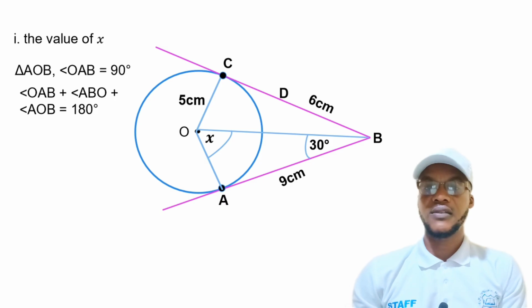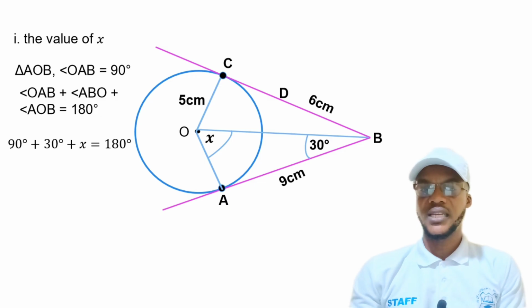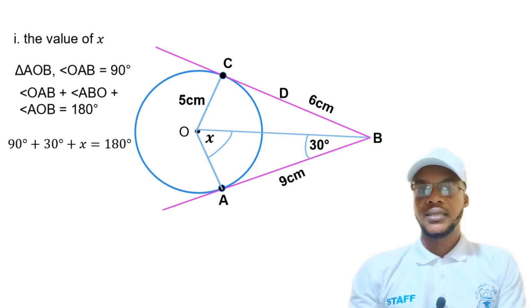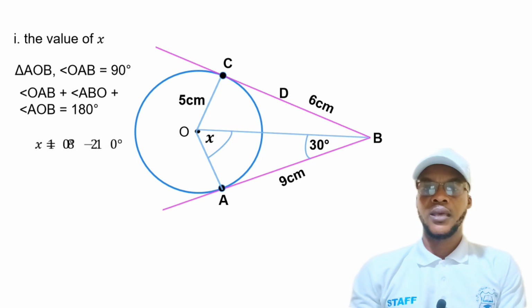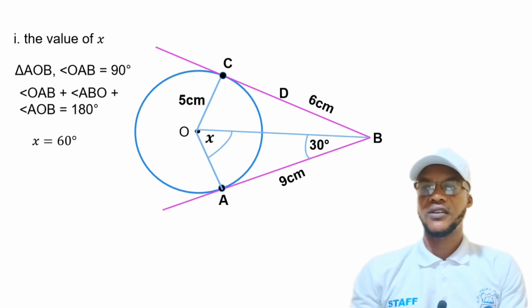Then we are going to have 90 plus 30 plus x equals 180. Then we add, so 120 plus x is equal to 180. Then we group like terms, and x is going to give us 60 degrees. And that is the answer for the first question.